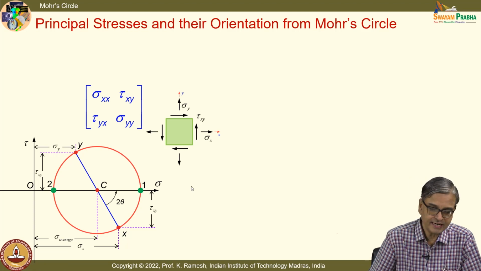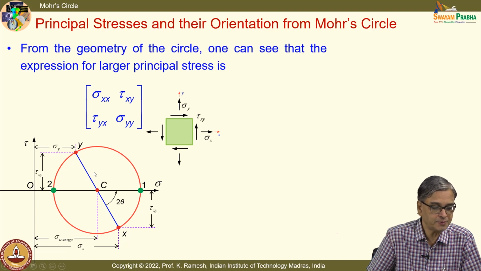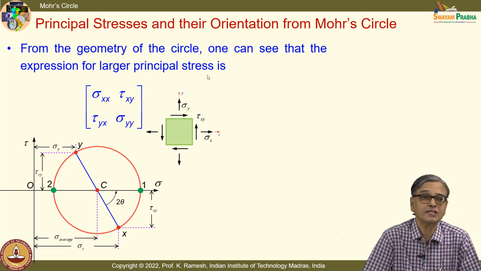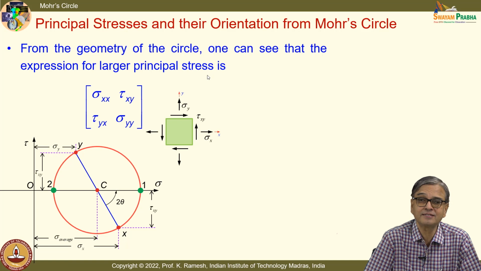And what you understand is, from the Mohr circle, it is possible for you to get the expressions for the principal stress. Note the spelling. It is not principle, P-L-E, it is P-A-L, principal stress. That is how you have to do it. Remember that.